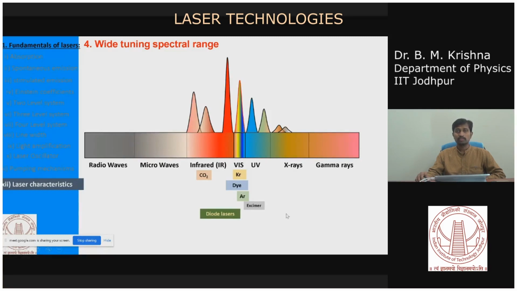And you have diode lasers, which have huge tuning ranges. They cover from 600 nanometers to almost the end of the infrared spectrum. And there are lasers called QCL, quantum cascade lasers, which can cover from mid infrared to the terahertz regime. The terahertz regime is the part of the spectrum in between microwave and infrared.